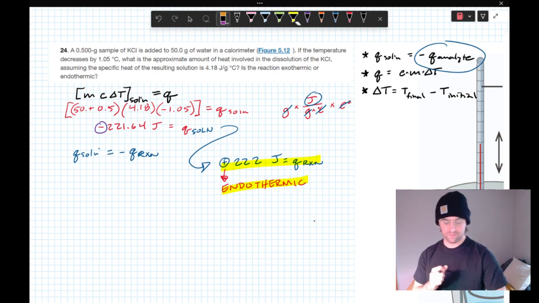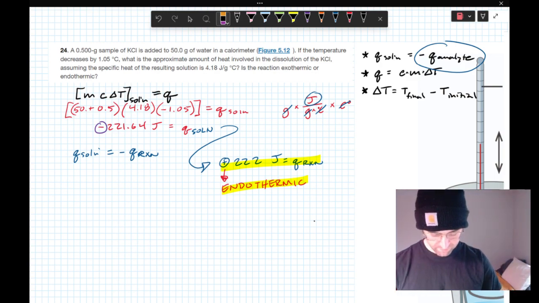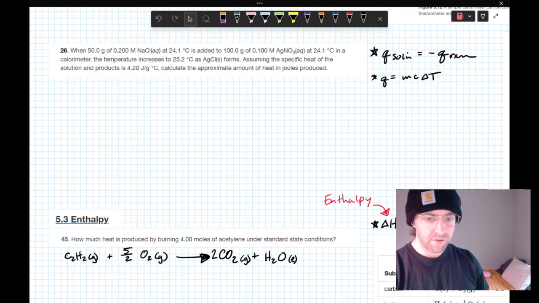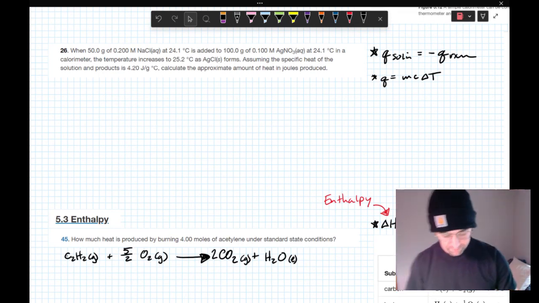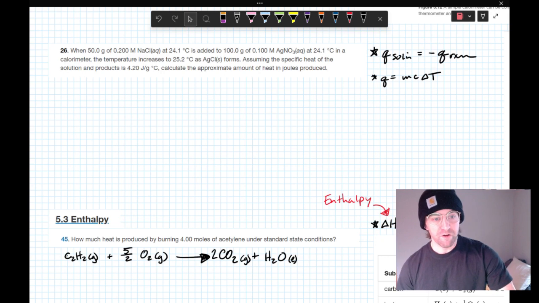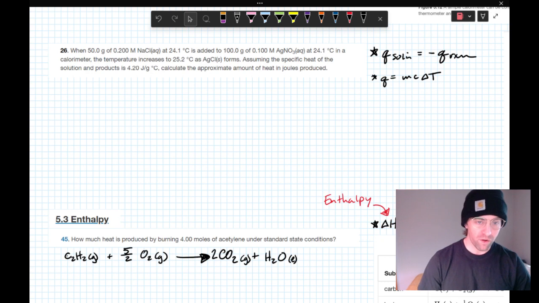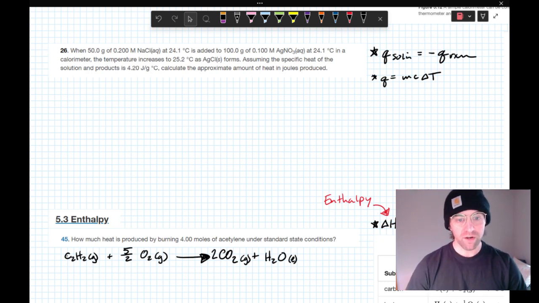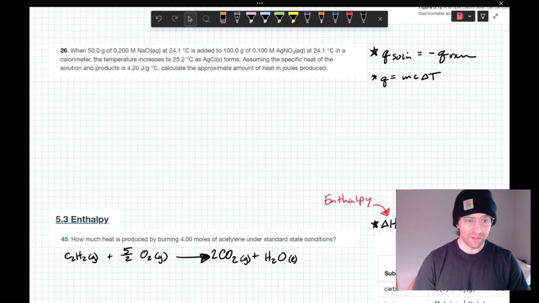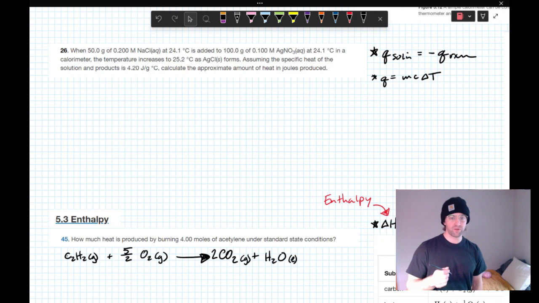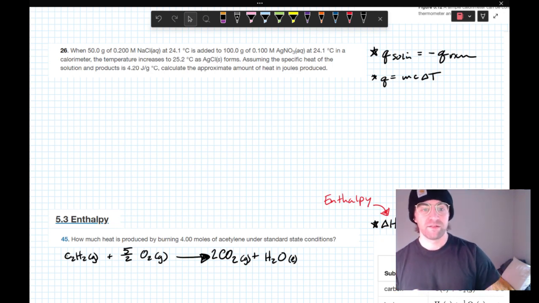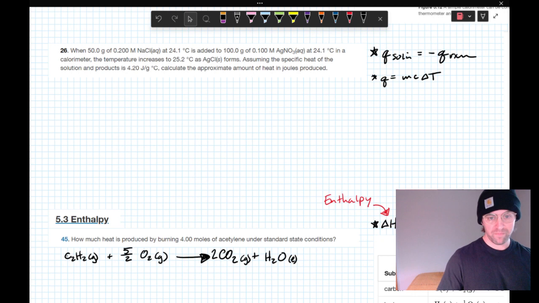All right. Question 26. When 50 grams of 0.2 molar aqueous sodium chloride at 24.1 degrees Celsius is added to 100 grams of 0.1 molar aqueous silver nitrate, also at 24.1 degrees Celsius, in a calorimeter, the temperature increases to 25.2 degrees Celsius as silver chloride solids form.